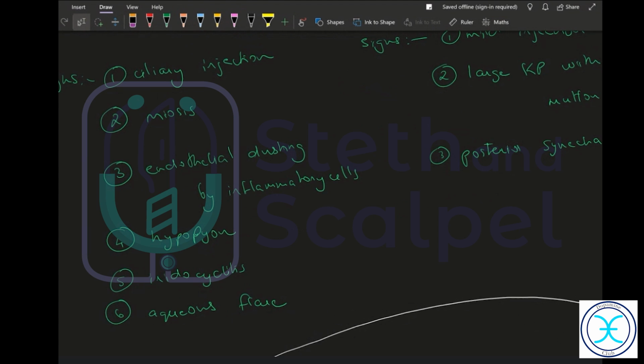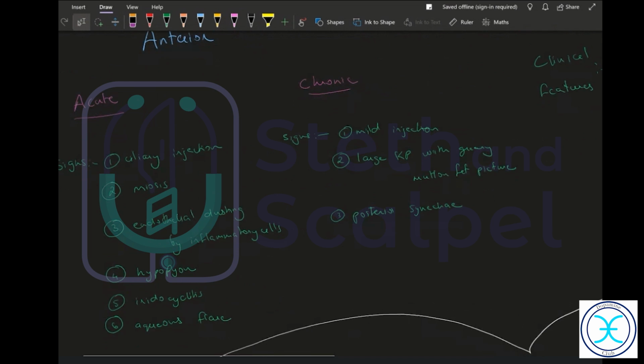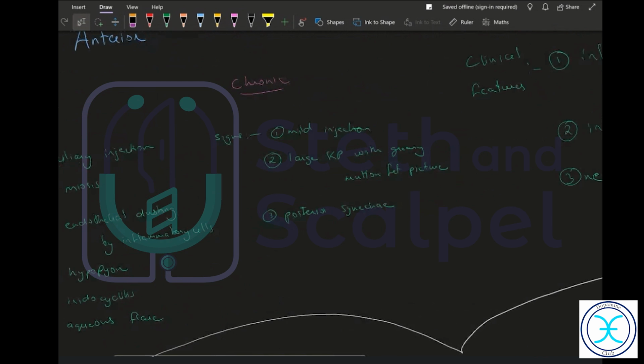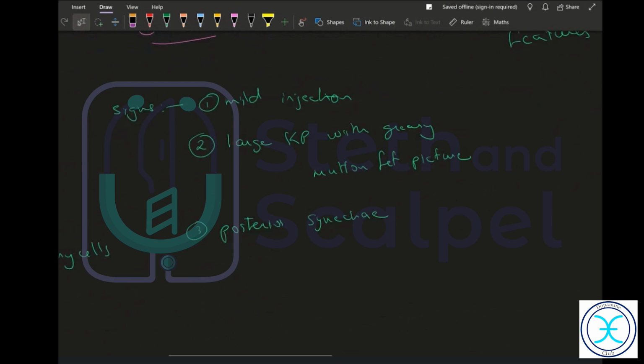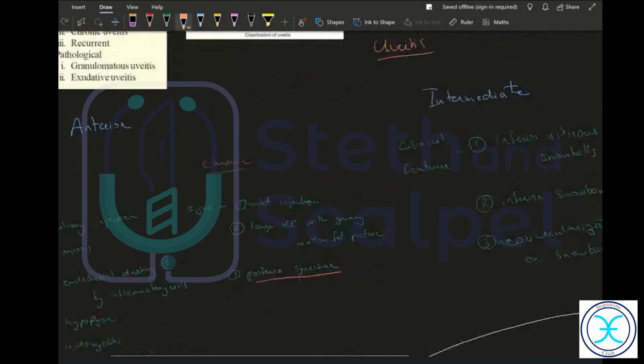You know what is going to happen in a place if inflammation takes place: there's going to be vasodilation, there's going to be activation of neutrophils, and the effects of all of these are seen as signs by us. So that will be anterior uveitis. In posterior uveitis, what you will see is posterior synechiae. That is the most important thing you will see in chronic uveitis.